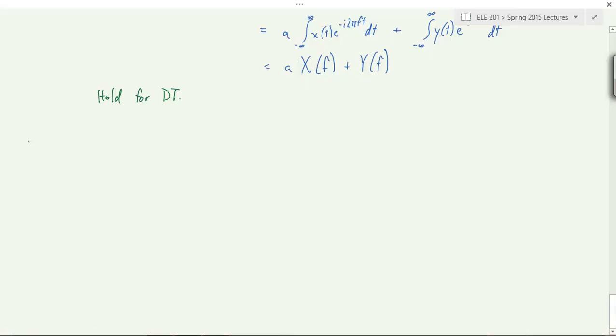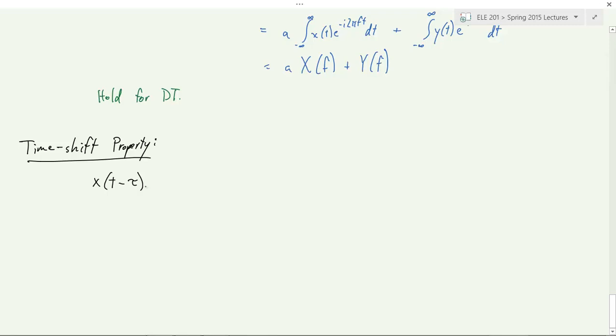How about a time shift property? Consider what it means if we look at x of t minus some constant. I'll use tau as that constant. We have some signal x of t, and we look at x of t minus tau. That's the same signal with a time delay.